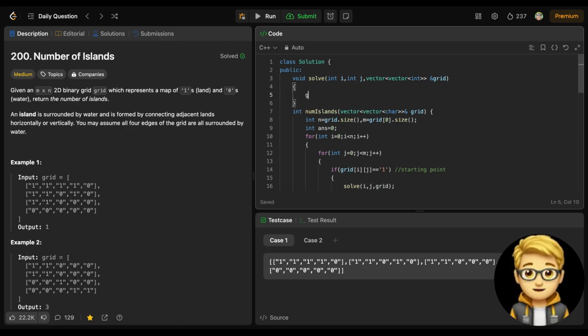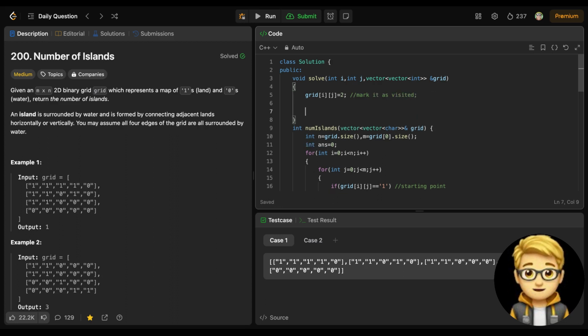I will mark this grid cell as 2, so that it is marked as visited. And now I will move in all the four directions.